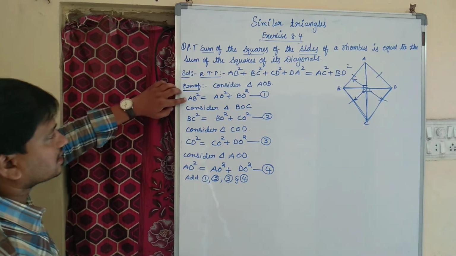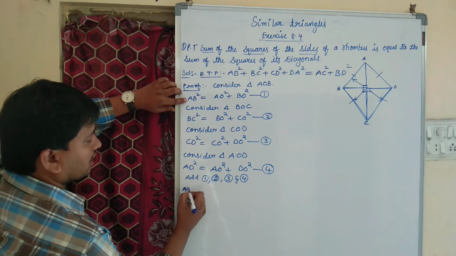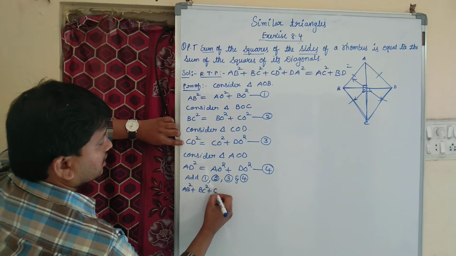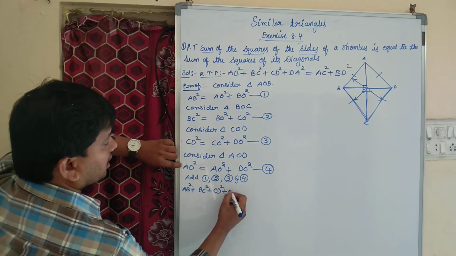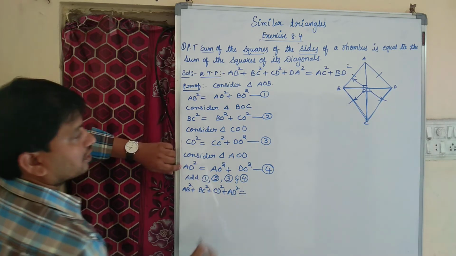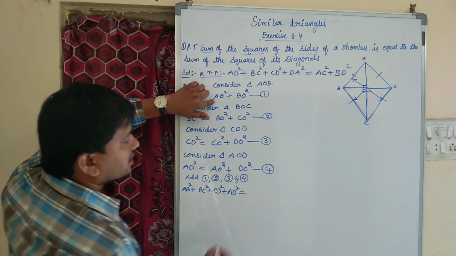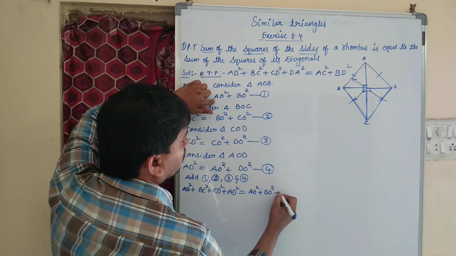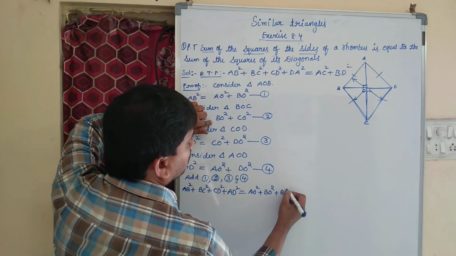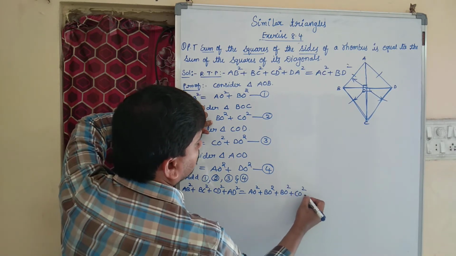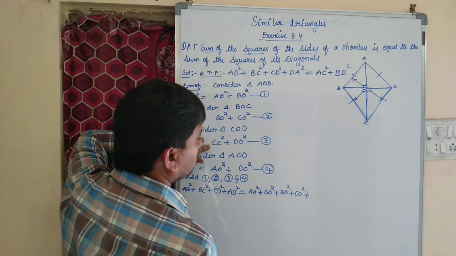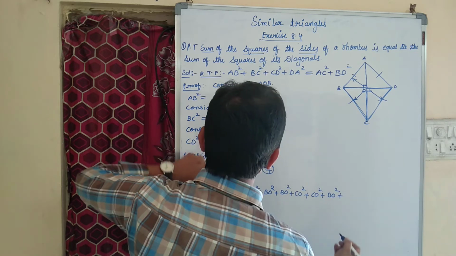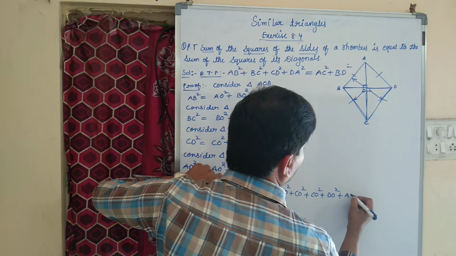The left hand side is AB square plus BC square plus CD square plus DA square. The right hand side is AO and BO, here BO and CO, here CO and DO, and here AO and DO.